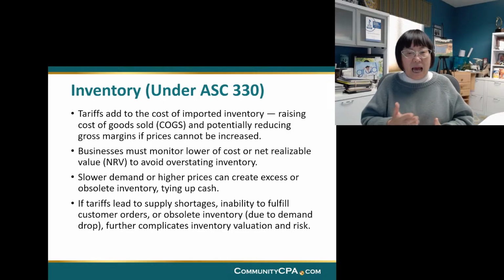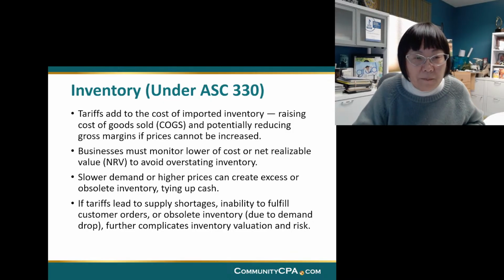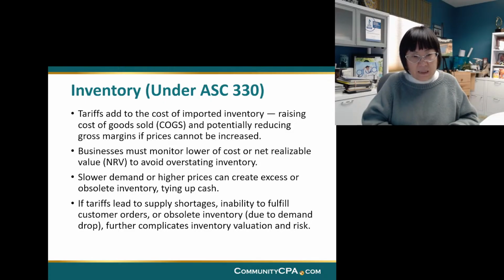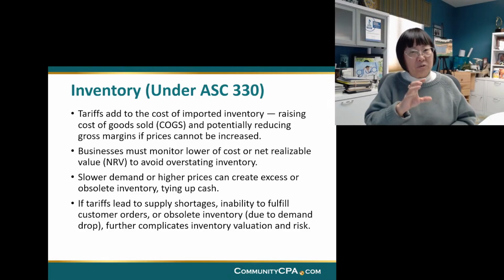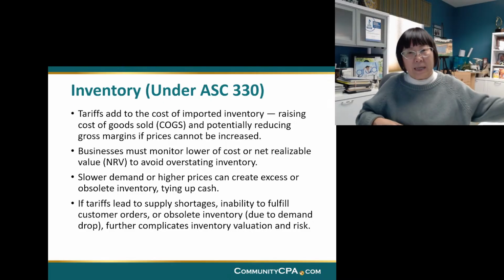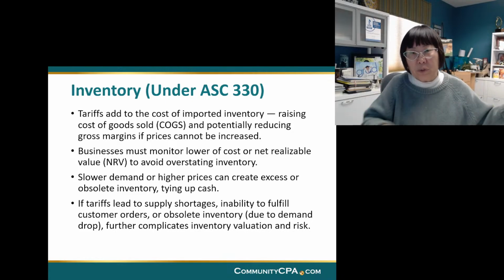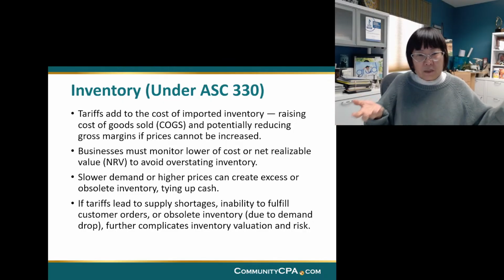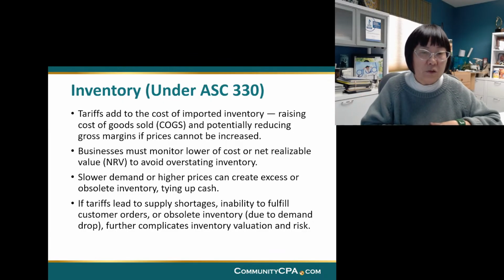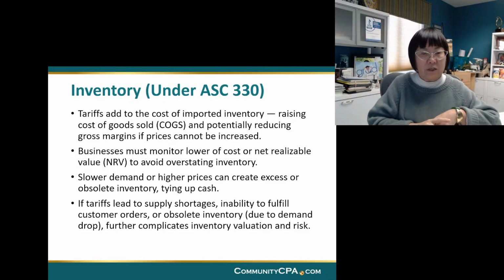Slower demand and higher prices can create excessive or obsolete inventory. That ties up your cash. Some of the inventory has expirations. If prices went up, people don't buy, and your inventory is not going to go. It will expire. So all of these things need to be taken into consideration. It is another reason to write down the inventory.